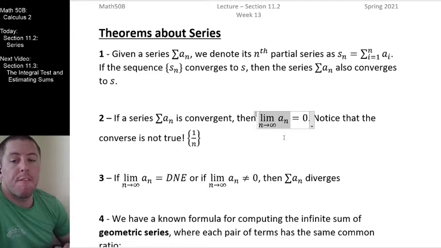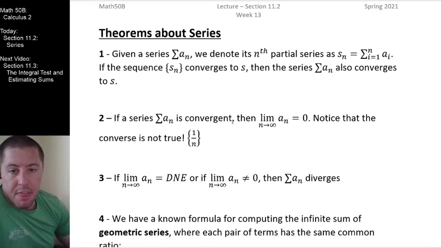Now, we should notice, very importantly, that the converse of this statement is not true. This is very much an if-then statement, and it does not go the other way. If we already know that a series converges, then you can intuit that the individual terms are getting infinitely small. It is not the case that if your terms are getting infinitely small, then your series is going to converge. We know this because we literally just looked at it.